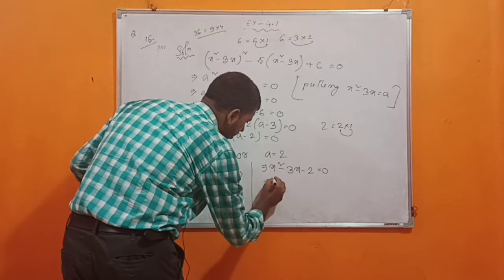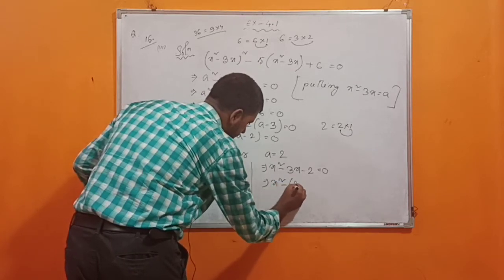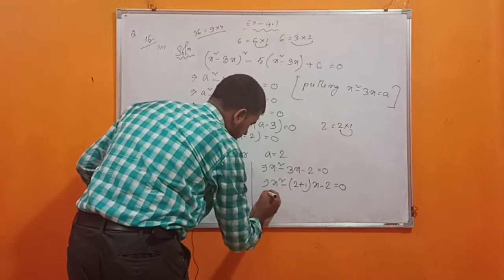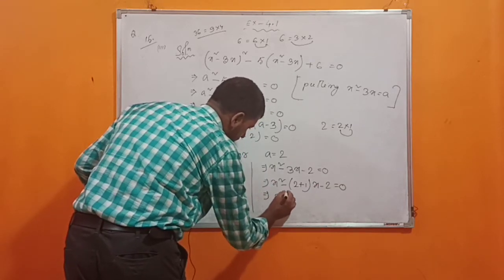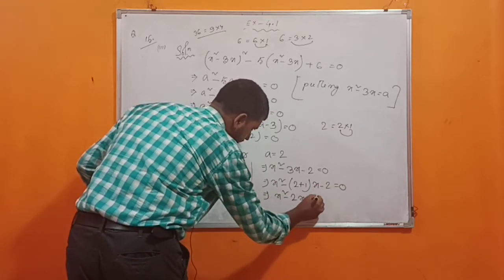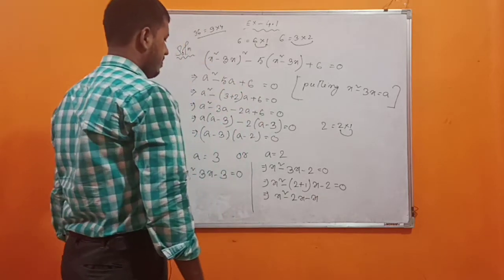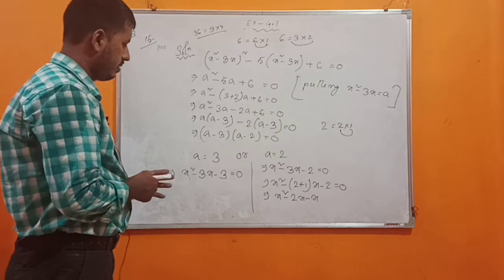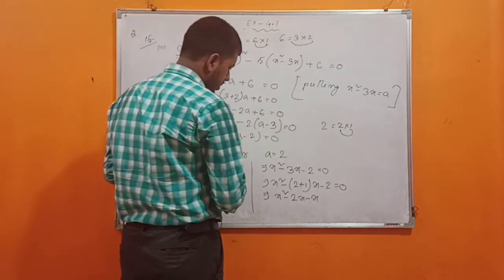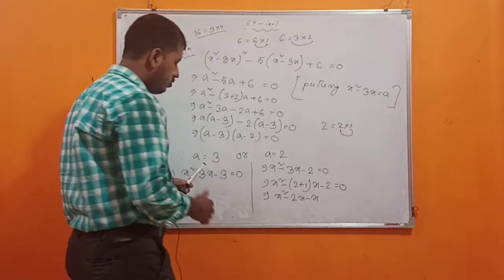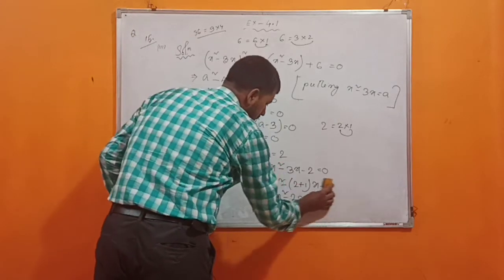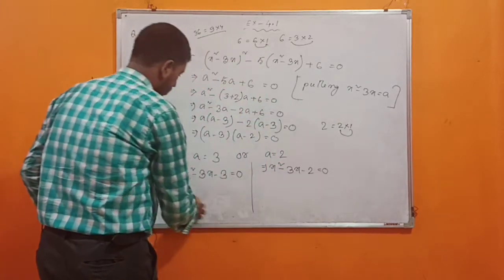So here I am writing x square minus 2 plus 1 into x minus 2 equal to 0, and this will be x square minus 2x minus x. This can also not be done through middle term factorization. Okay, we have to proceed through the quadratic formula.